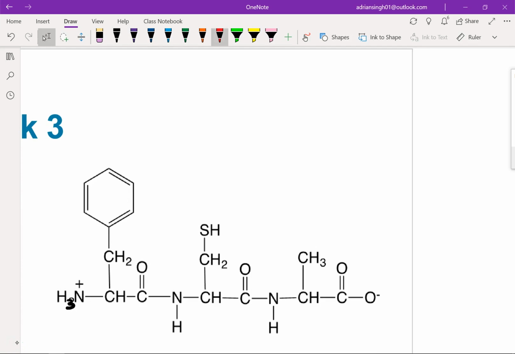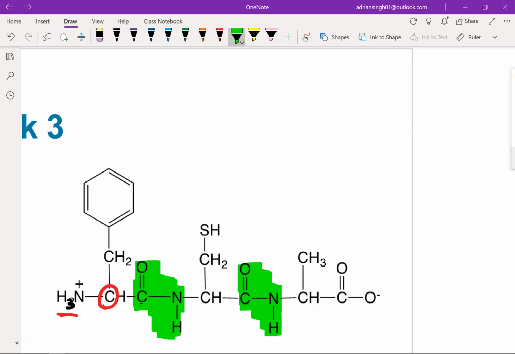We know that this amino group has to be connected to the alpha carbon, so our first alpha carbon is going to be here. That alpha carbon is connected to a C double bond O, the acid part of it, and then that is connected by our amide bond. We're going to highlight our amide bond in green, so C double bond O N. And if you look further down, you can see your other amide bond over here.